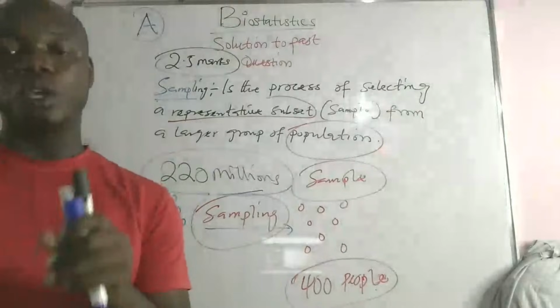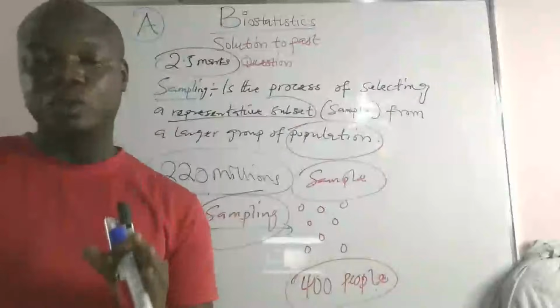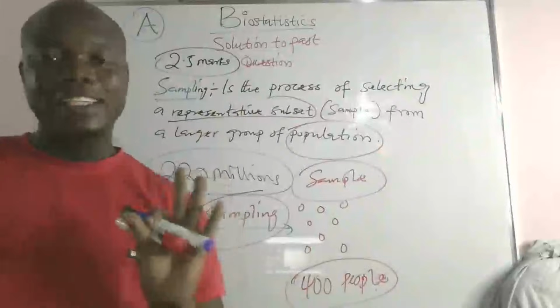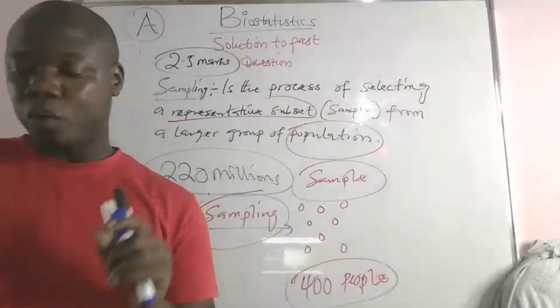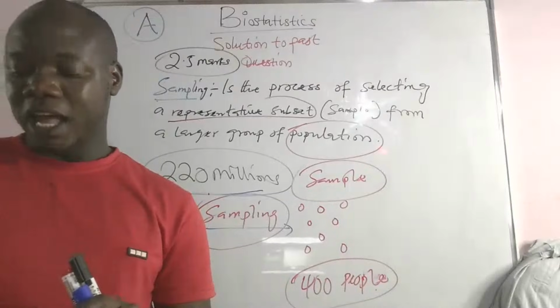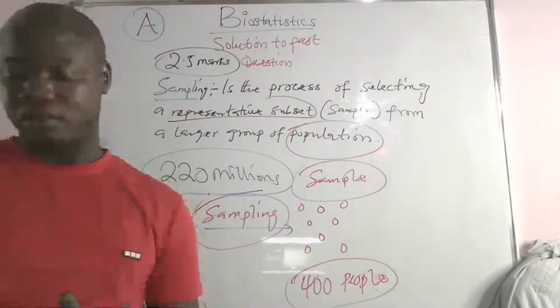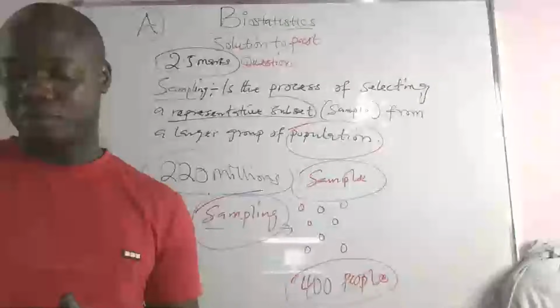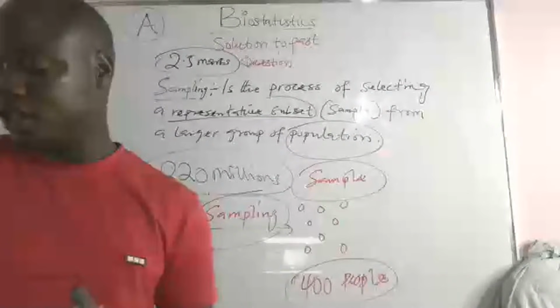No, Queen, before we go, those ones are not the types of sampling. They are excellent. And Nancy, Kocha. We have probability and non-probability sampling. So these are the types of sampling.